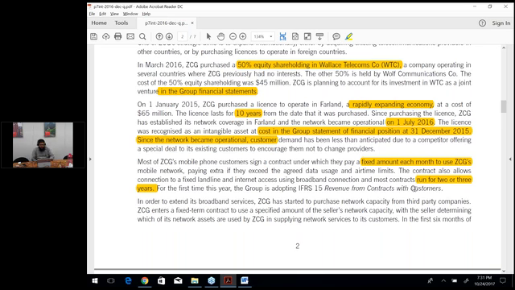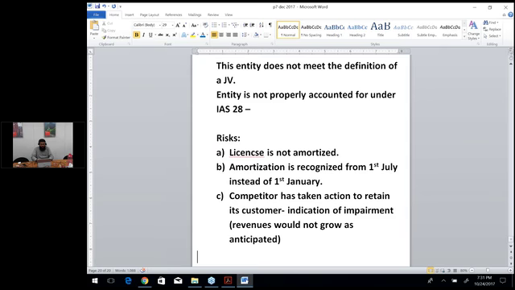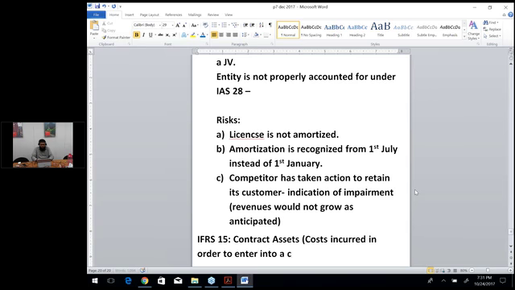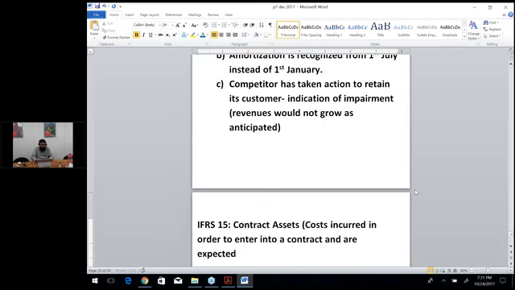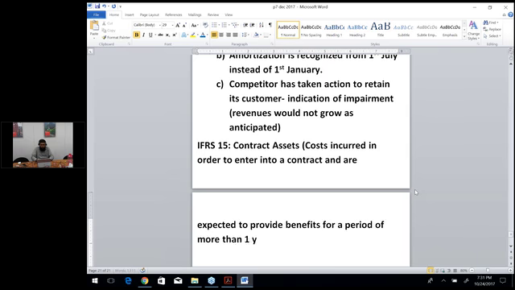Now, IFRS 15 discusses the concept of contract assets. Contract assets are the costs incurred in order to enter into a contract and are expected to provide benefits for a period of more than 1 year.